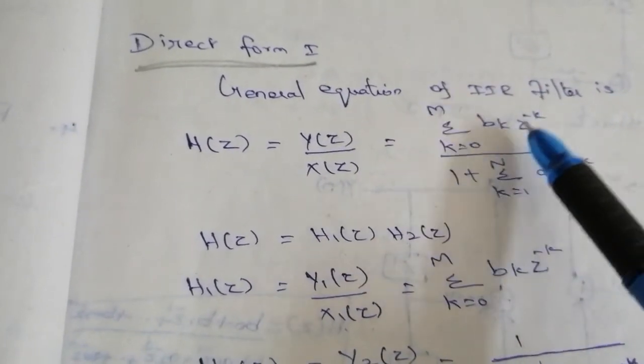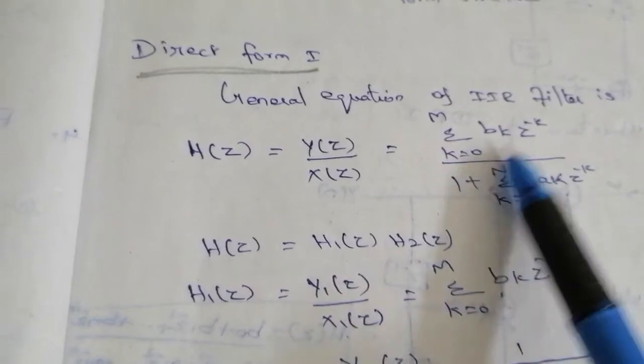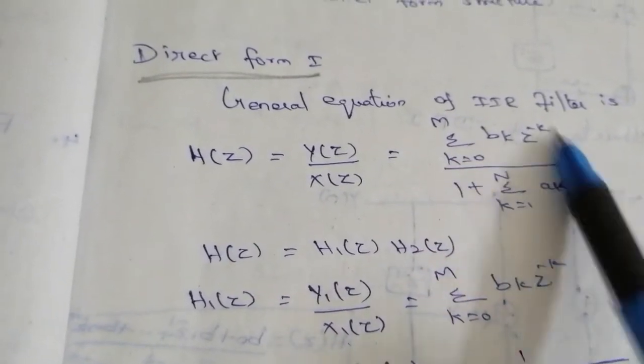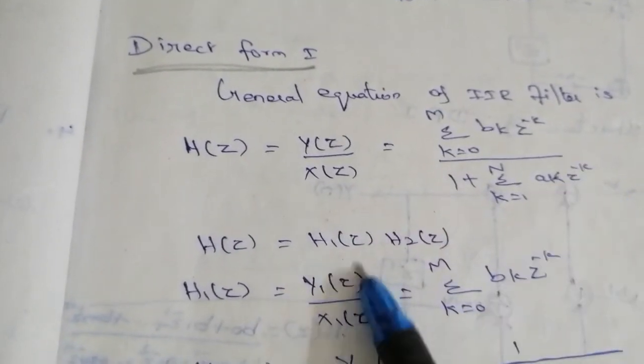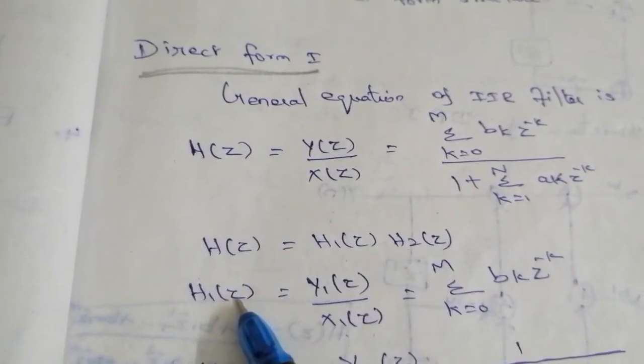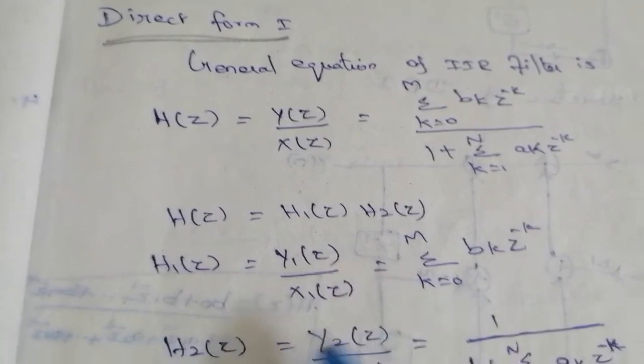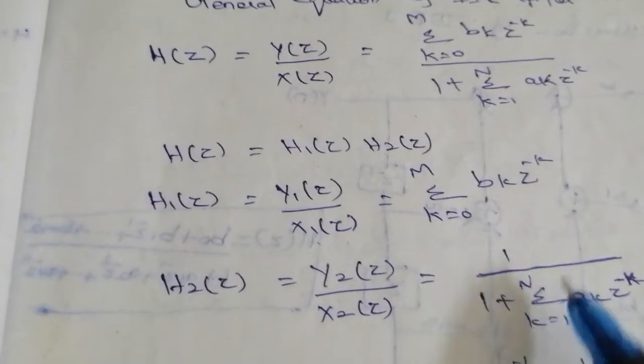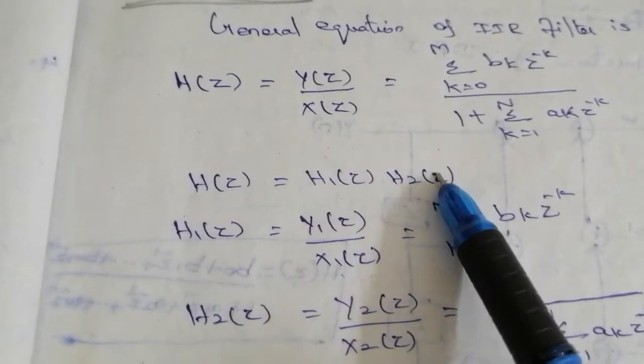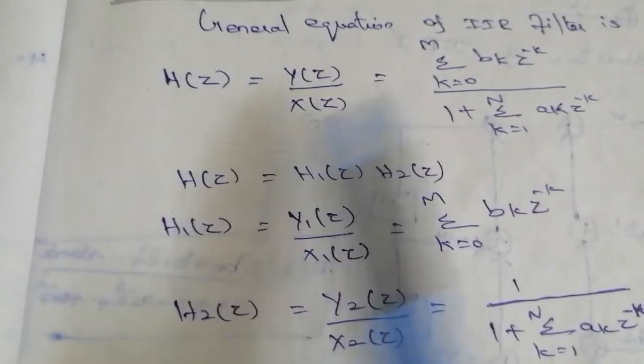For that reason we rearranged the transfer function into h1 of z and h2 of z. For h1 of z we take the numerator term only, and for h2 of z the denominator term. If we multiply h1 of z into h2 of z, we get the h of z term.